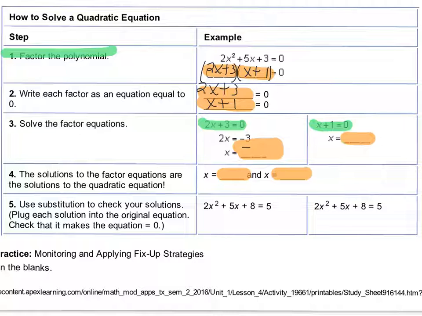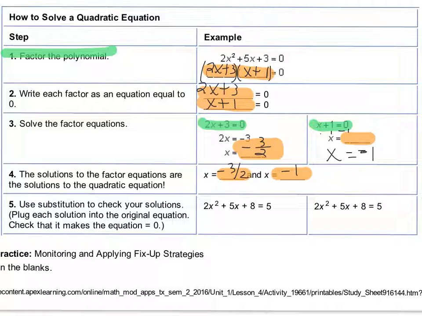So we have x equals negative 3/2, and x plus 1 equals 0, so we subtract 1 on both sides, so x equals negative 1. So the solutions to the factor equations are the solutions to the quadratic equation. So x equals negative 3/2, and x equals negative 1. That should be a negative right there.